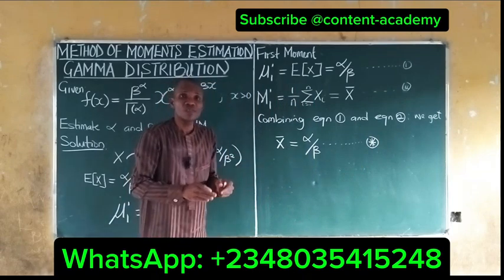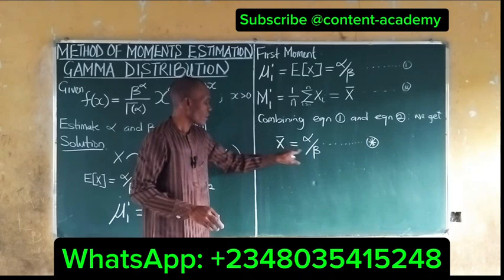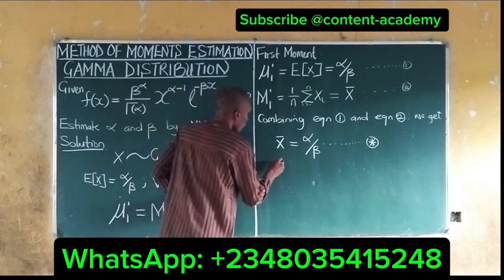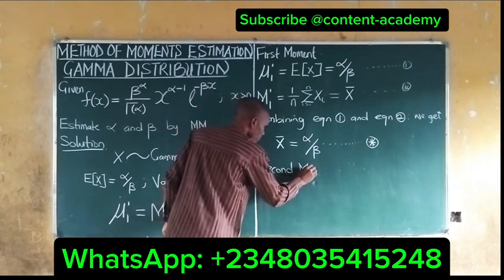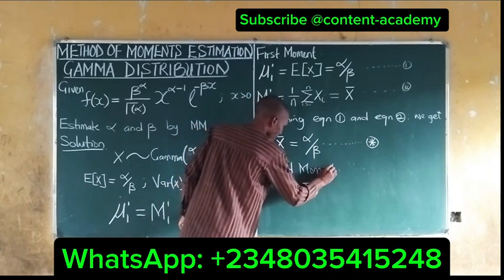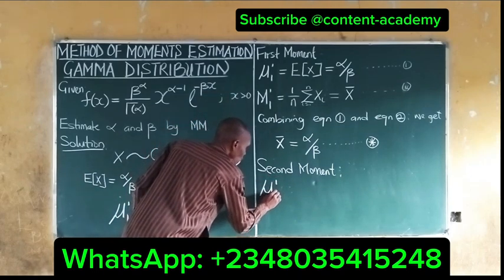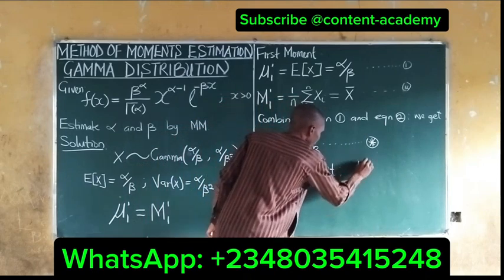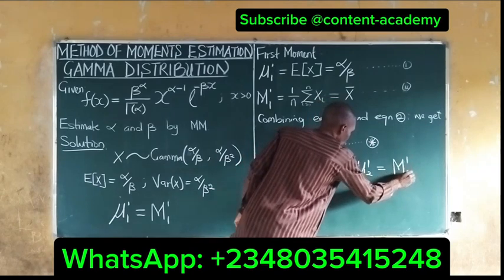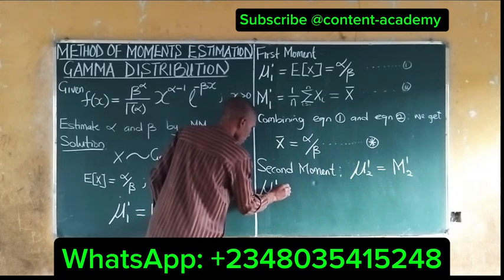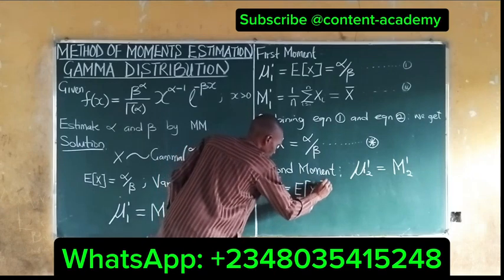Now the next thing to do is to get the second moment. For the second moment, the population moment can be written as mu 2 prime, which is equal to the expected value of x squared.